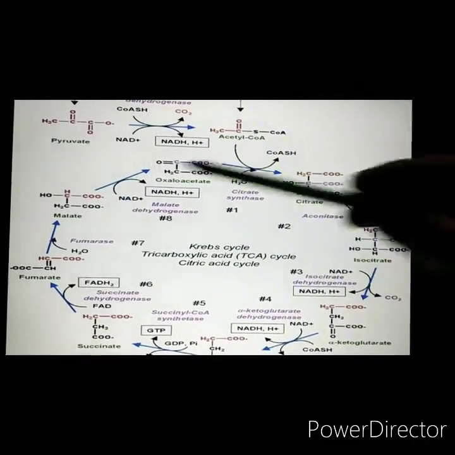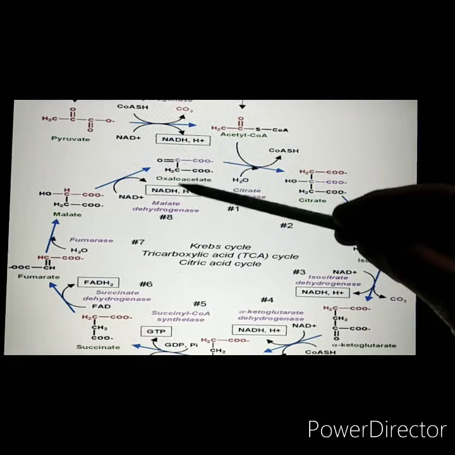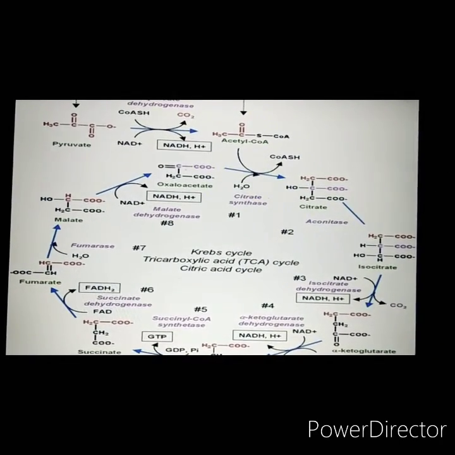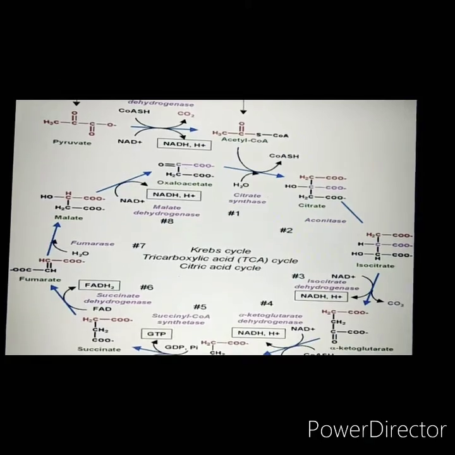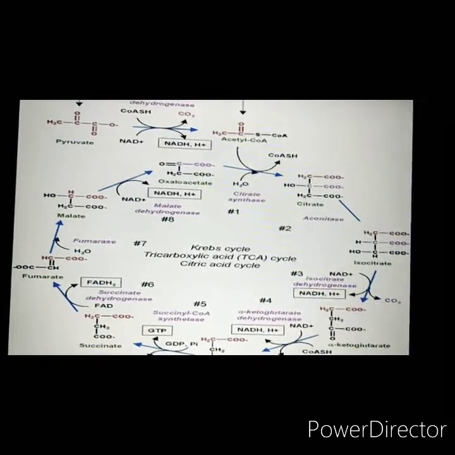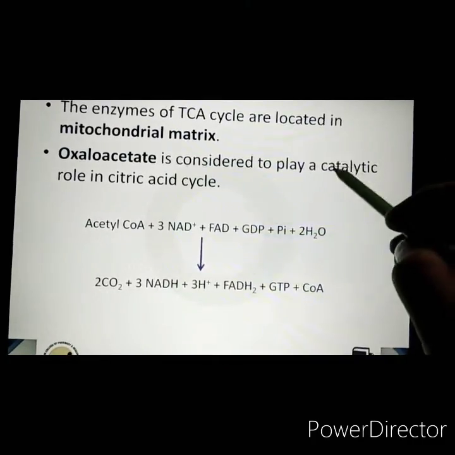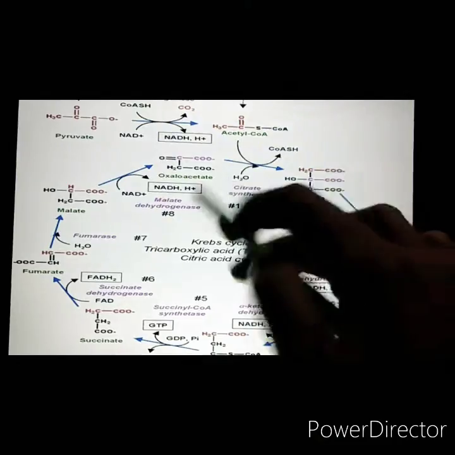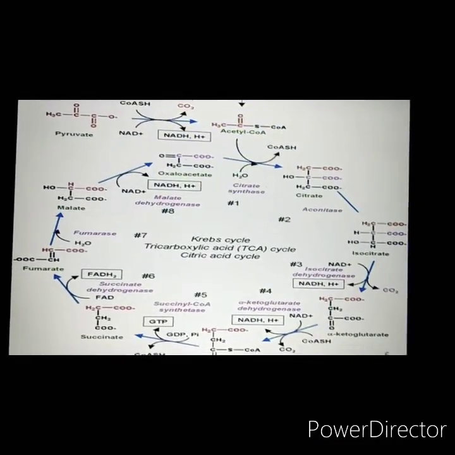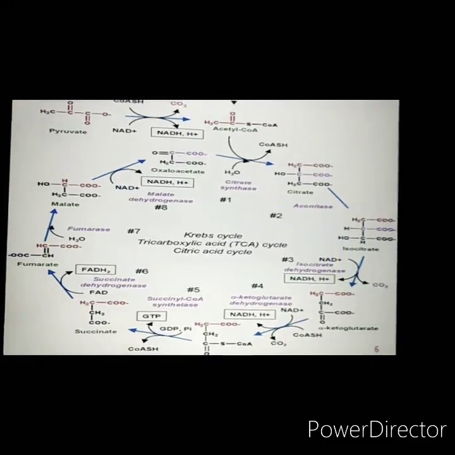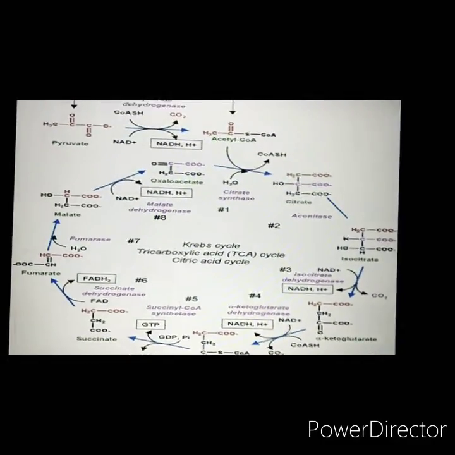So the whole cycle will be incomplete if this oxaloacetate molecule is not replenished or if the oxaloacetate concentration is reduced in the mitochondrial matrix. Hence, oxaloacetate plays a catalytic role in the citric acid cycle. This is the reason why oxaloacetate is an important intermediate in the citric acid cycle.